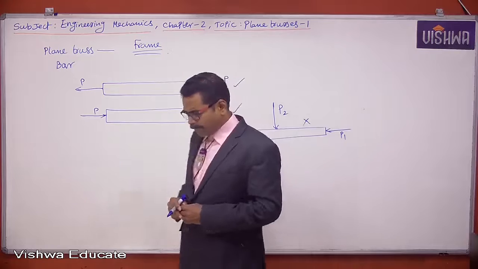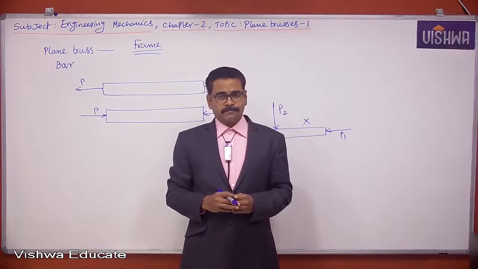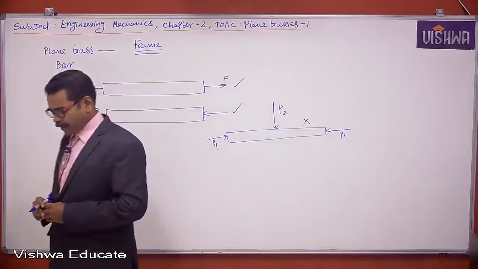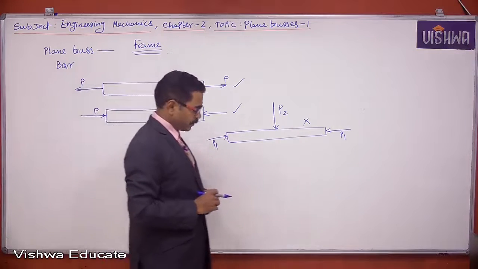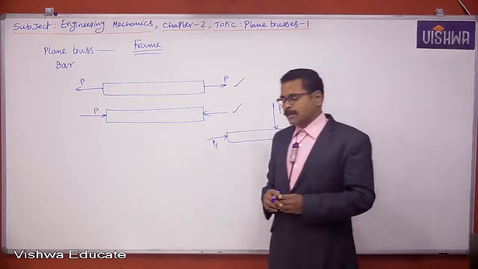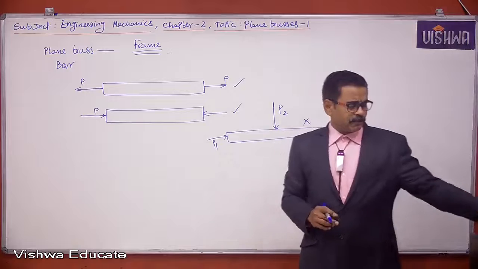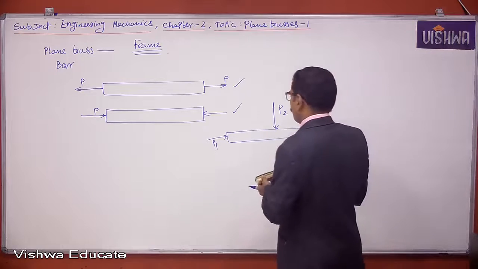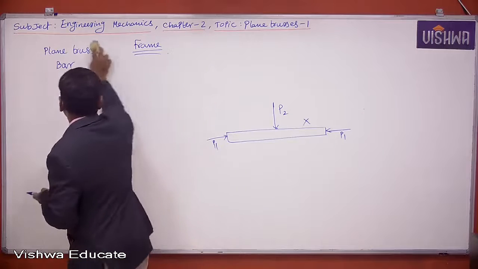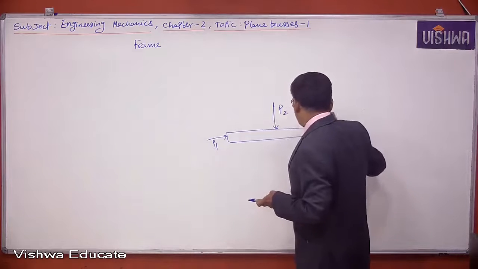So in a frame, some elements could be bar elements, some elements could be beam columns. What is a beam column? So first you write what is a beam column. I am going to define what is a beam column. Beam column. It is the element which carries both axial load and transverse load.